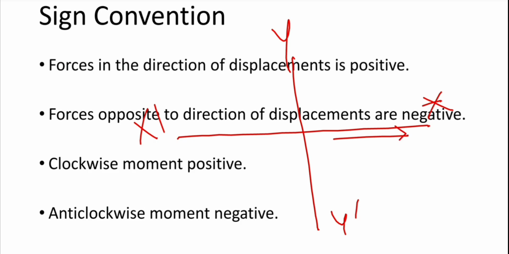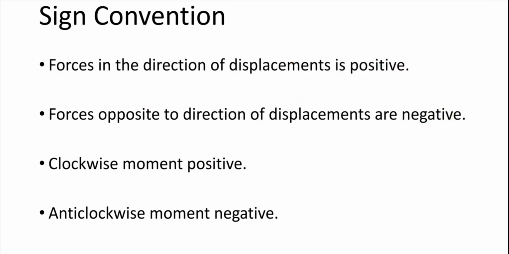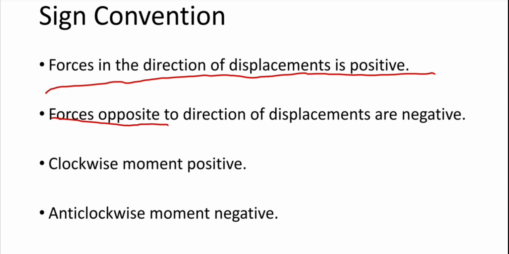Forces along the x-dash axis are negative, along the x-axis are positive, along the y-axis are positive, and along the y-dash axis are negative. This was the general sign convention for the equilibrium equations. But the sign convention for the virtual work method is different. The forces in the direction of displacement are positive, and the forces opposite to the direction of displacement are negative.